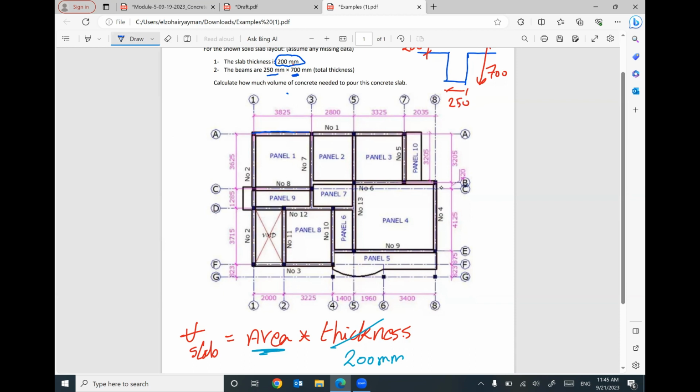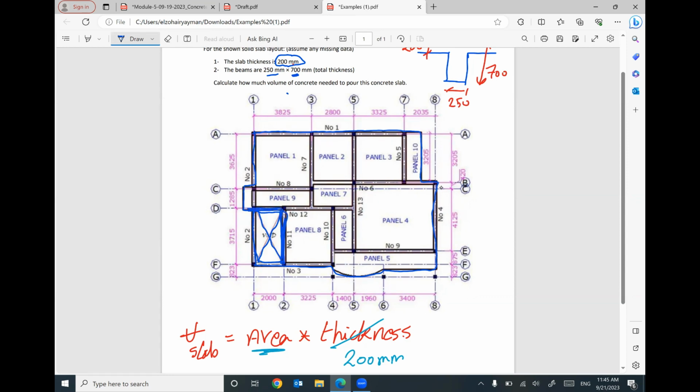I need to count the area inside this blue line, but I need to subtract this area. This area is void. We don't have a slab here, it's sky. So we don't have area here, so I need to subtract this area.